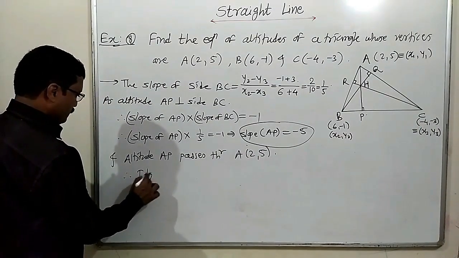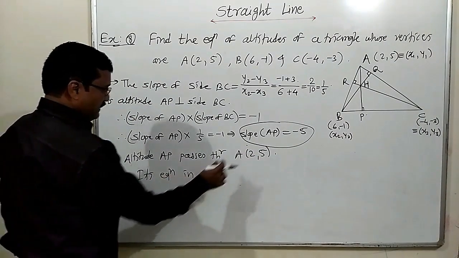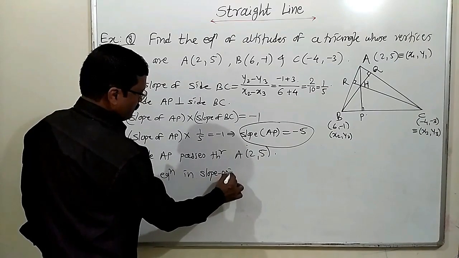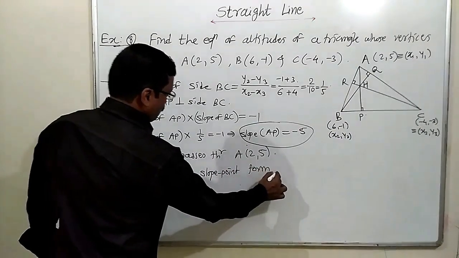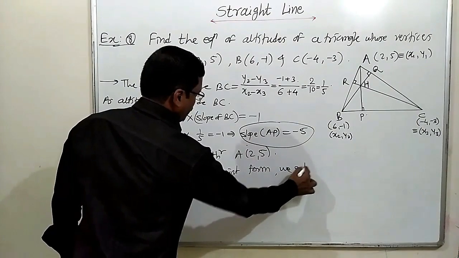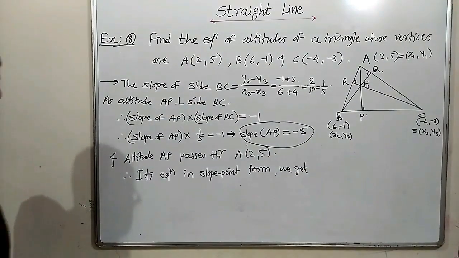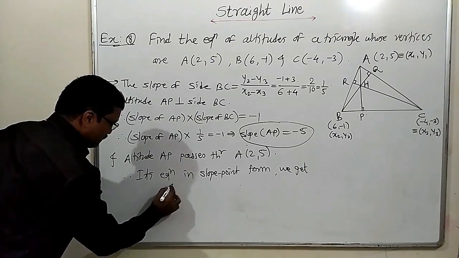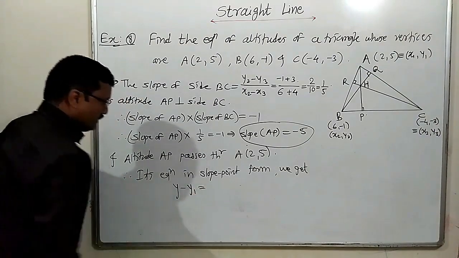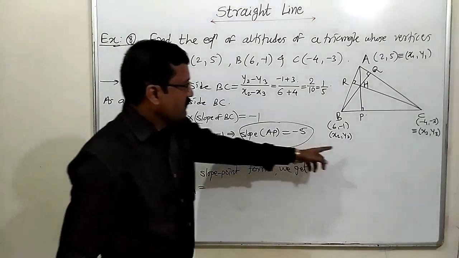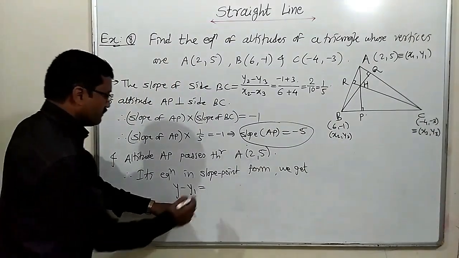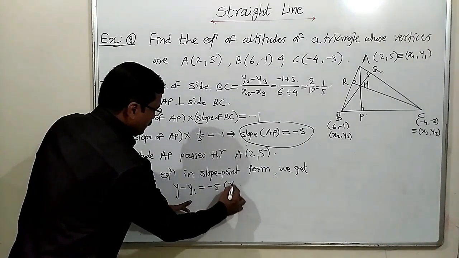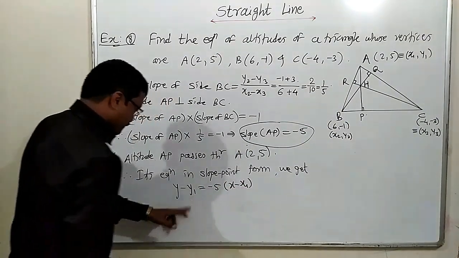Therefore, using slope point form, we get its equation as y minus y1 equal to slope of AP, that is minus 5, into x minus x1.